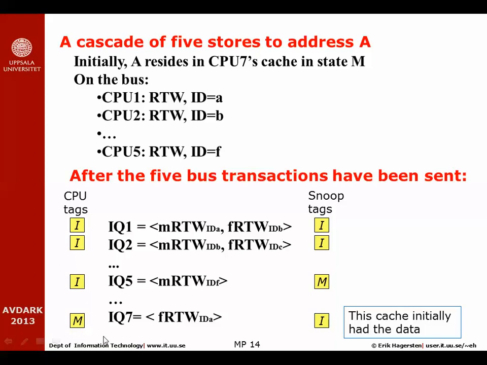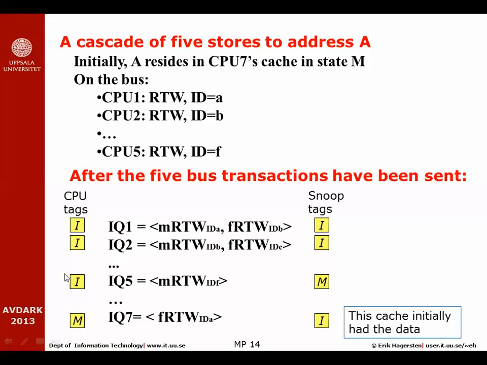It still has write access to this cache line, even though we have seen 5 read to write requests on the bus. And the reason that it still has the right to that is that the foreign read to write request from CPU 1 still sits in its input queue. It has not popped that transaction from the queue yet, which means it has not changed its CPU tag. So it still can happily read and write the data in its cache.